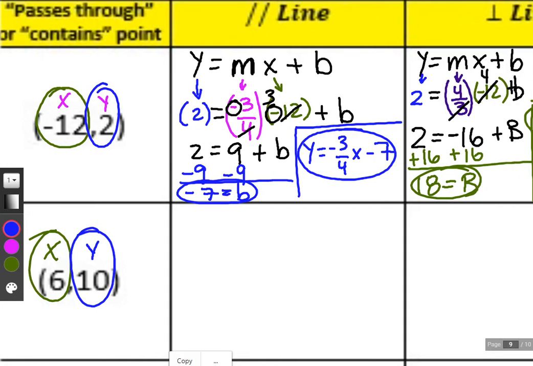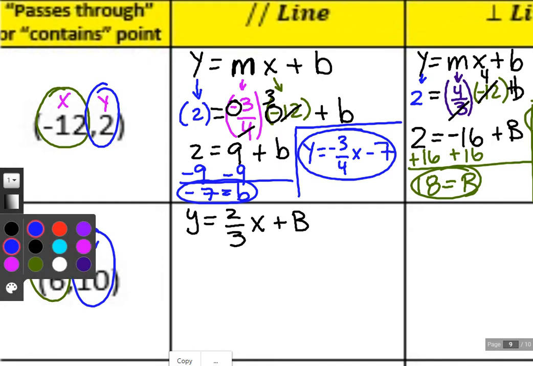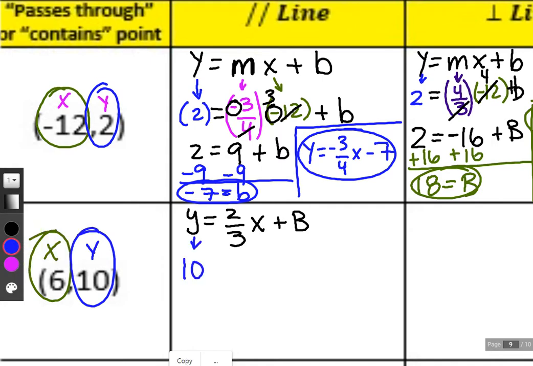Okay, so building out our equation, because really when it says to find an equation, it really just means build an equation. We can use 2/3 for that slope. We don't know the b, we've got to find the b. Our temporary y value to help us out is going to be 10. Our temporary x value, just to help us find the equation, is going to be 6.